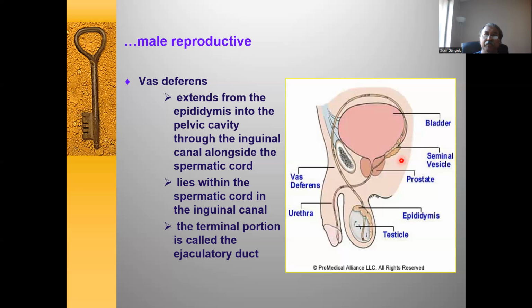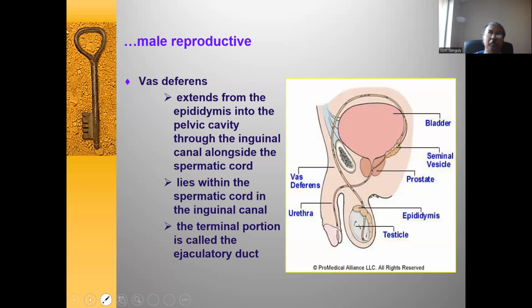And we saw the seminal vesicle, prostate gland, and bulbourethral gland. Here's another lateral view. So between the AP and lateral views, anterior, posterior, lateral, we get a very good idea how this vas deferens is progressing, coming out from the testicle, the scrotum area, and ends at the prostatic urethra.